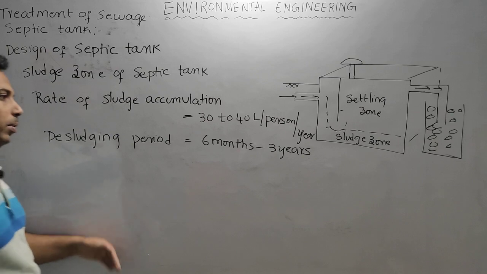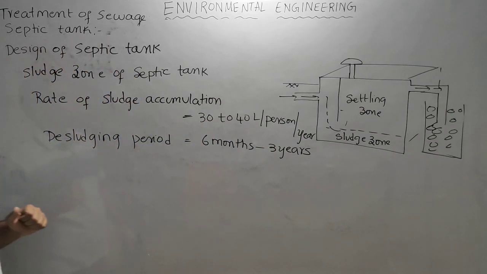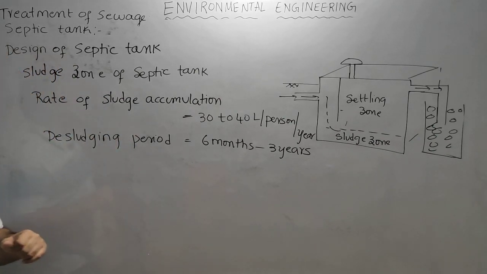If you multiply it with the desludging period, then you will get how many liters it can accommodate per person. Now how many persons are using? If you know the number of users, then we can find the volume of the sludge zone.